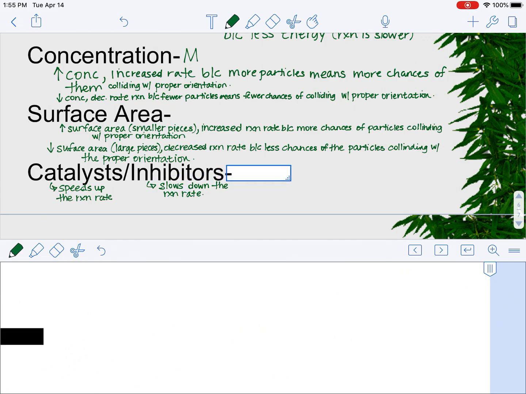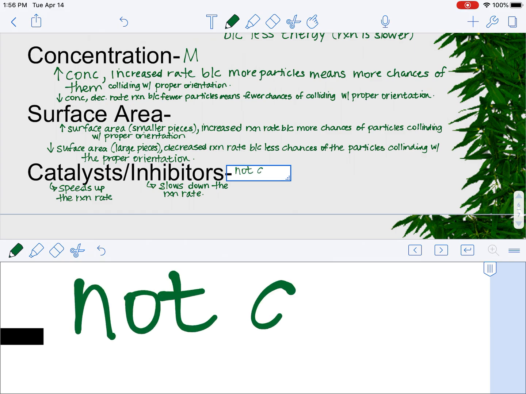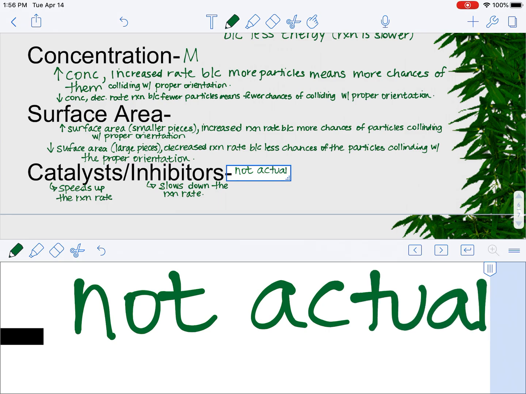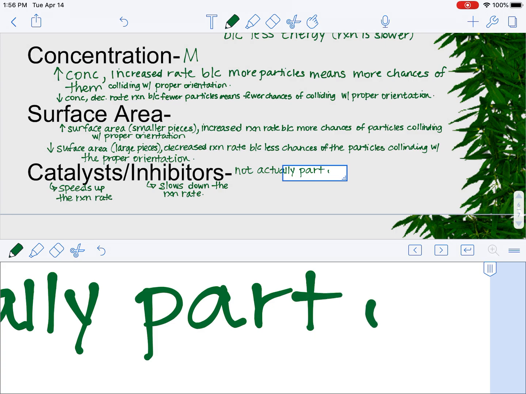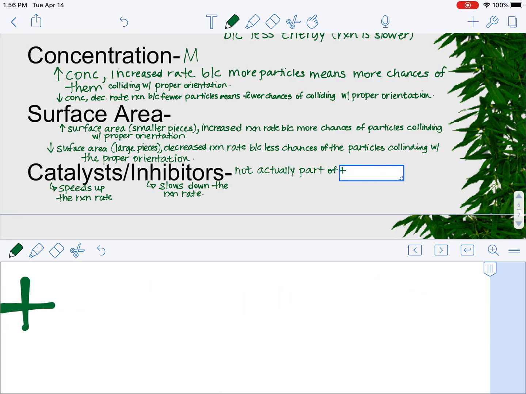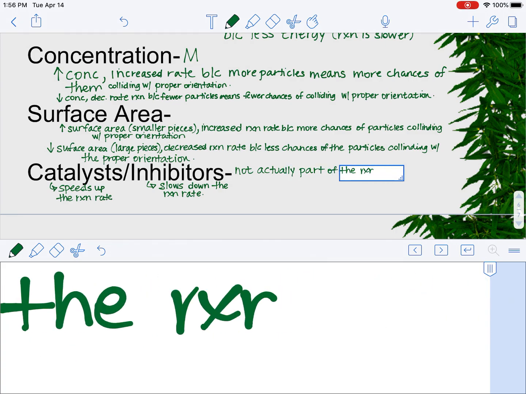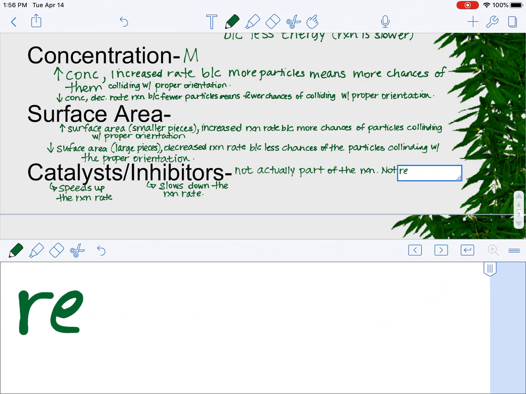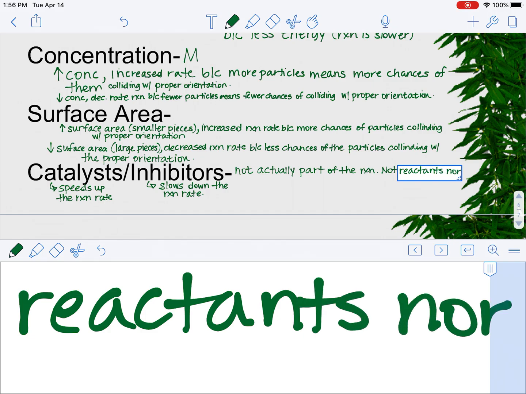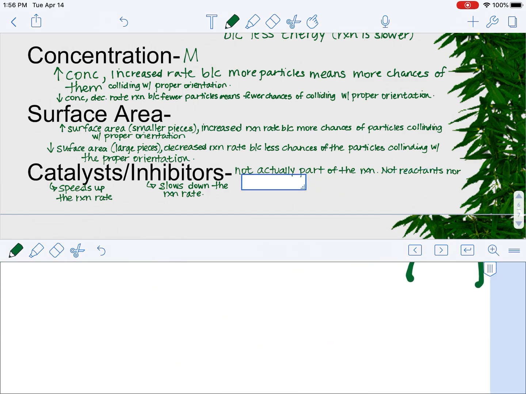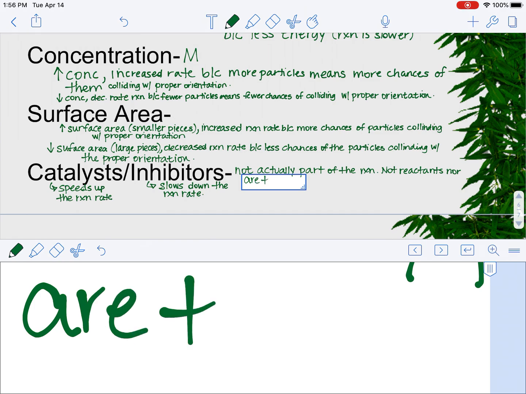And the reason why these chemicals are able to influence the rate of a reaction is because they are not actually part of the reaction. They are not reactants, nor are they products.